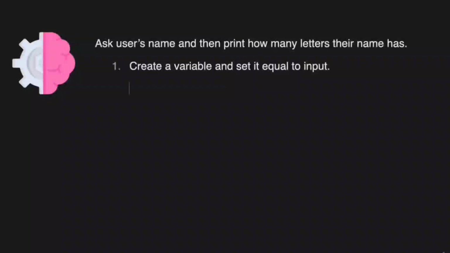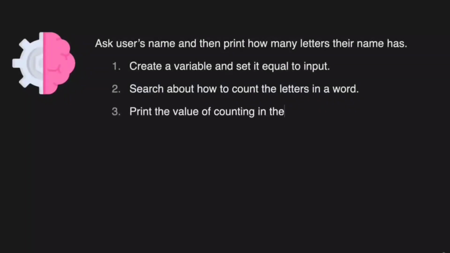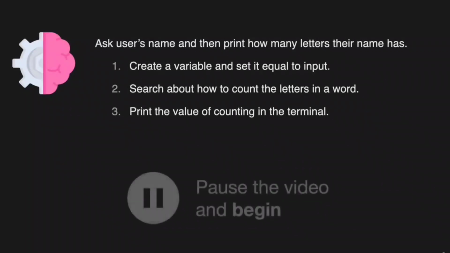And then for the second step, search about how to count the letters in a word using Python. And finally, print the value of the counting in the terminal, okay? It's that simple. All you need to do is to use what we have learned till now and do a little searching. So pause the video and give it a go.